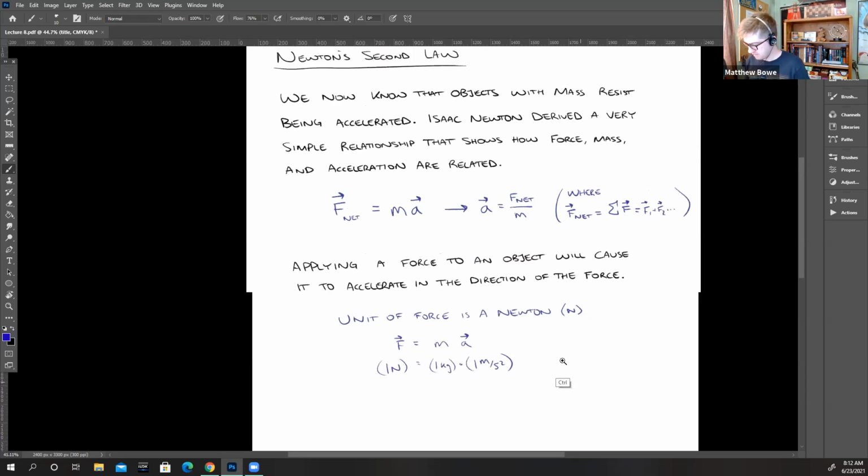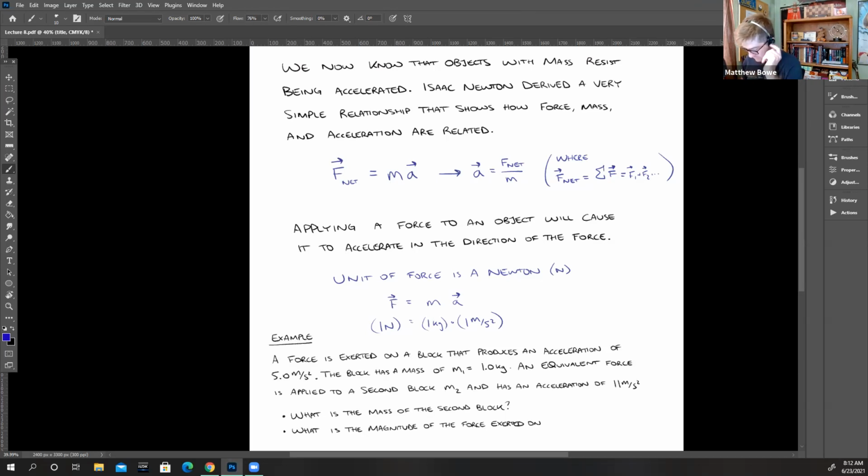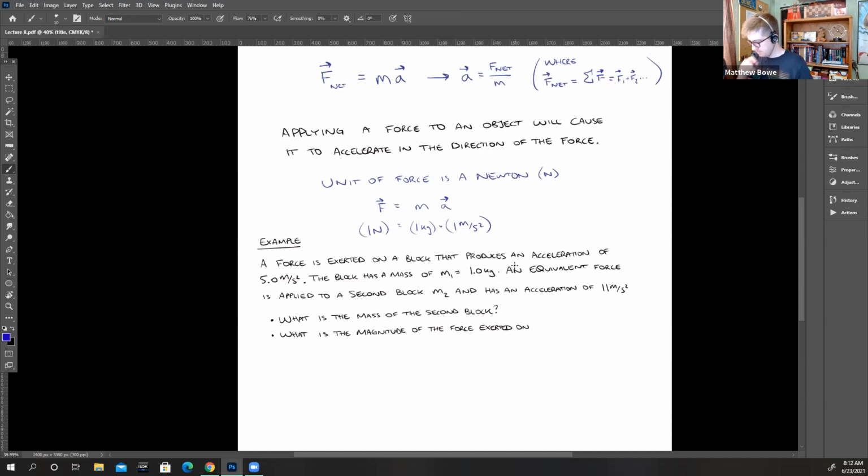Okay, let me go over just a brief example now. I think I can move it down like this. All right, so a force is exerted on a block that produces an acceleration of 5.0 meters per second squared. The block has a mass of 1 kilogram.